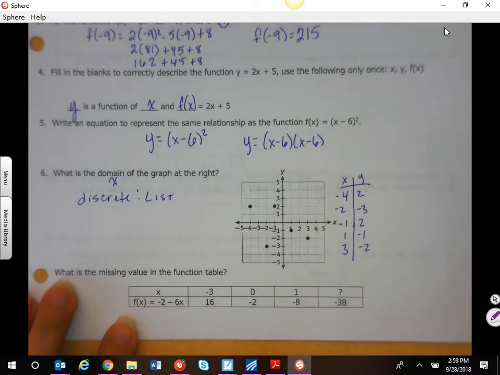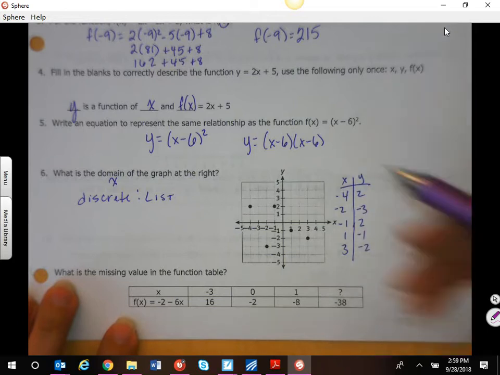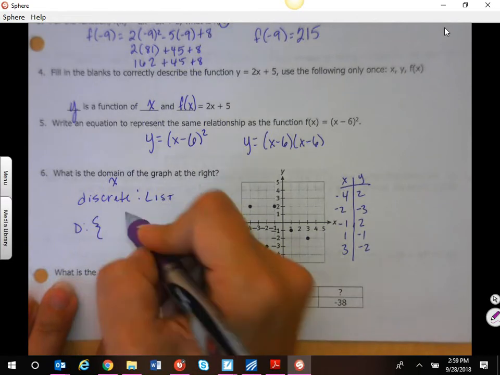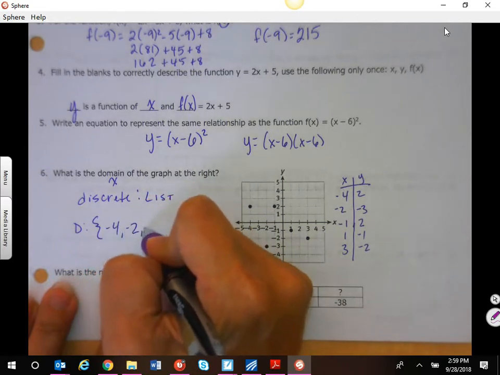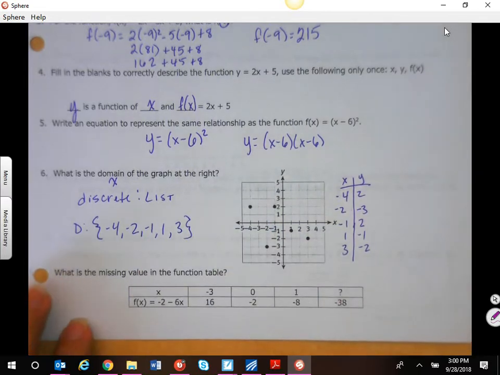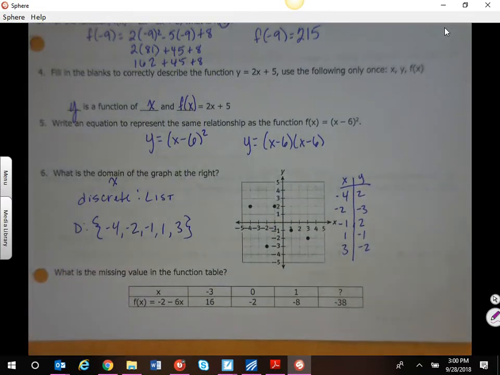This is a beautiful table. However, we are only worried about the x values for the domain. So we can write domain is -4, -2, -1, 1, and 3. It needs to be listed, not with inequalities.